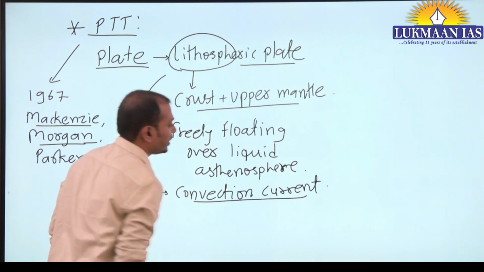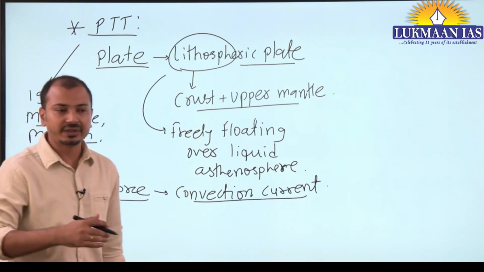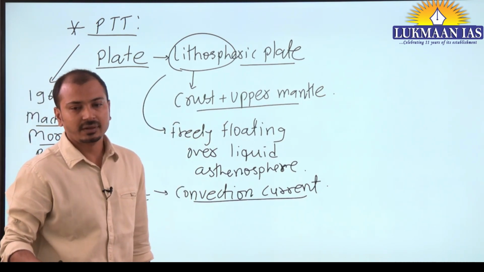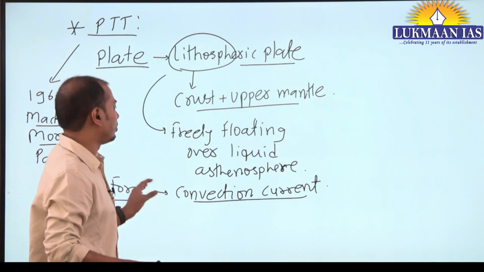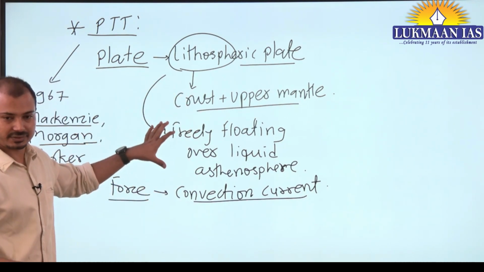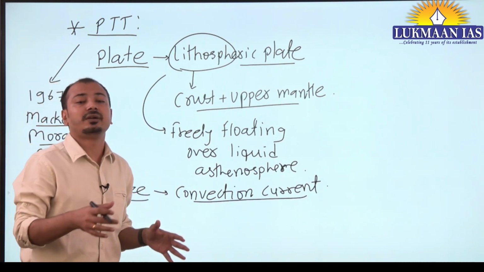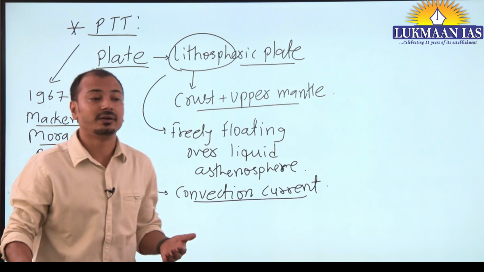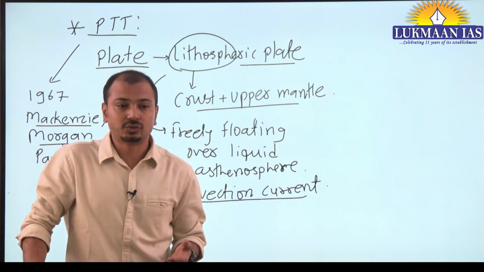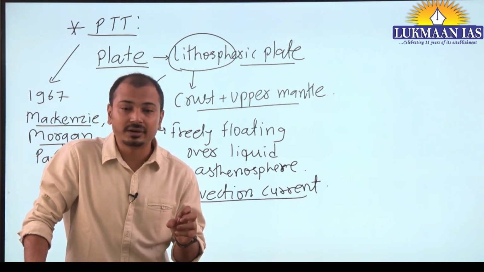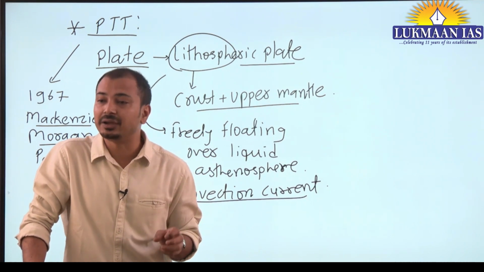The convection currents of magma flowing in the asthenosphere are the force responsible for the movement of these lithospheric plates. Now, this overcomes the limitations of the continental drift theory. The force given by continental drift theory was inadequate.